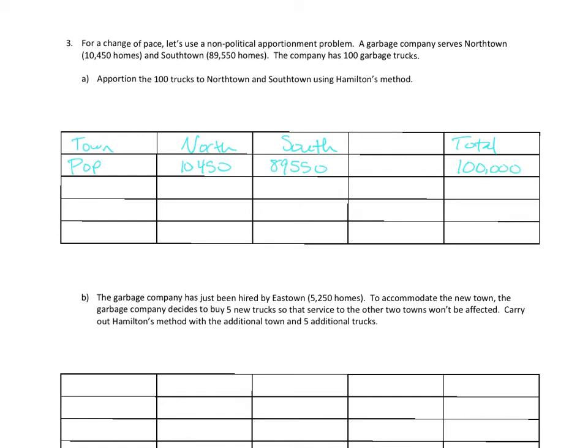Okay, so 100,000 homes. So we start by calculating the standard divisor, which is the total number of homes in this case, divided by the total number of trucks. And that comes out to 1,000, right? Homes per truck. So for every 1,000 homes in a town, we send one garbage truck there.